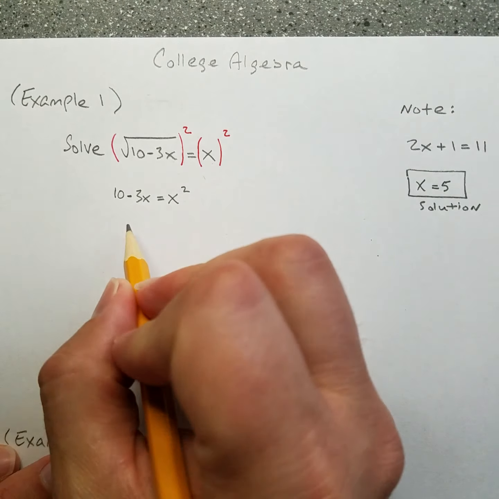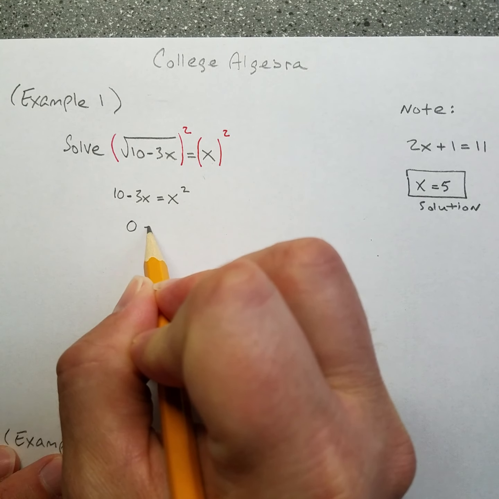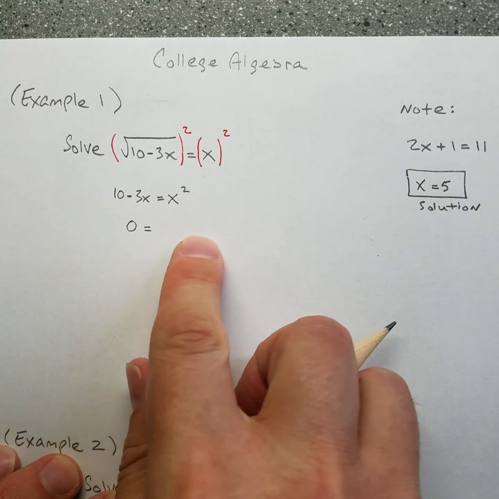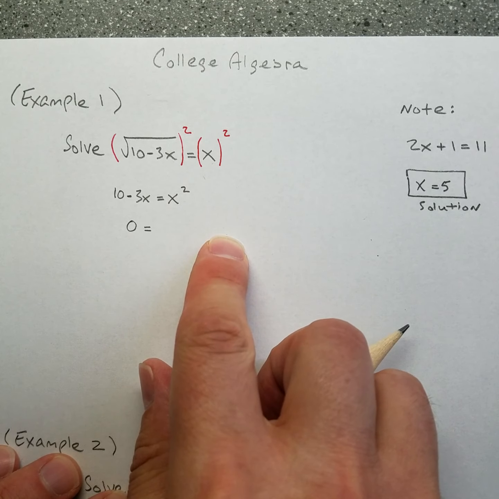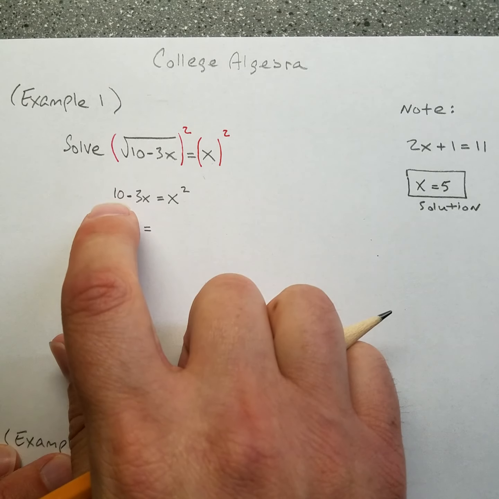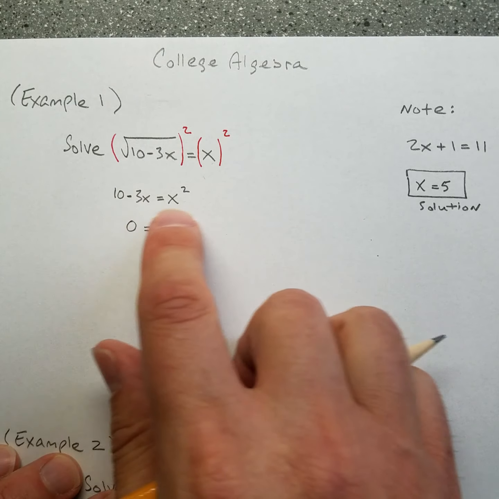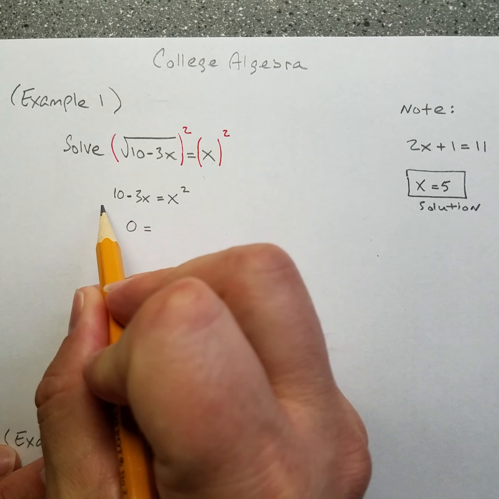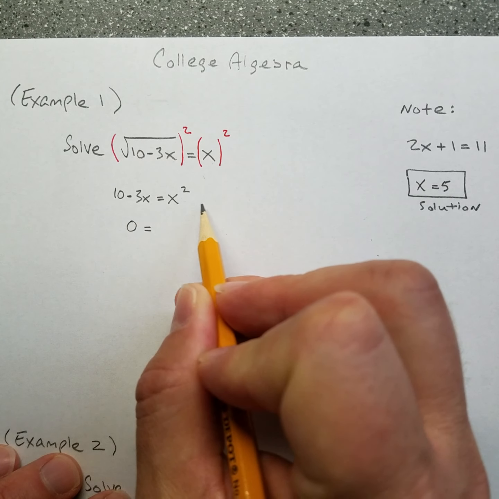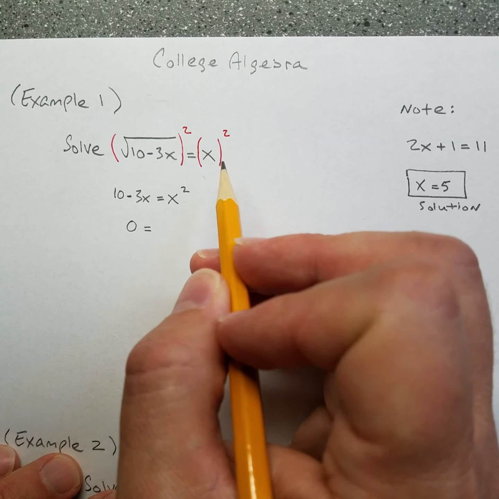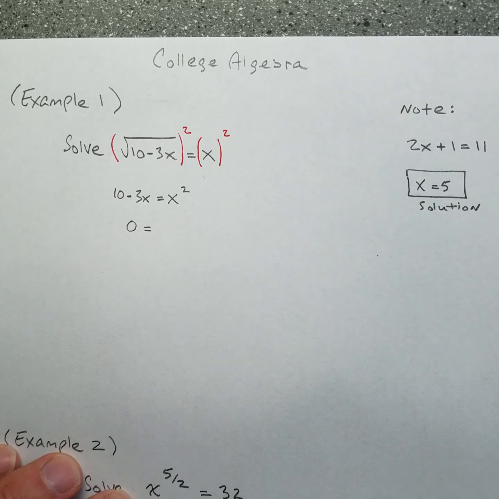And the whole idea with factoring is we get 0 on one side, we move all the other stuff to the other side, and we try to factor it. So what happens if you move a term from one side of the equation to the other? It just changes sign. You might think of it like, I'm going to subtract 10 from both sides, just like I would square both sides. Remember, what I do to one side, I got to do to the other.